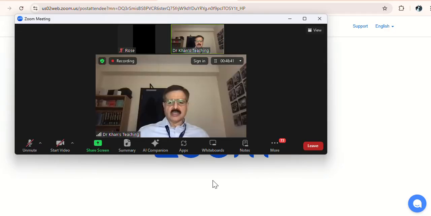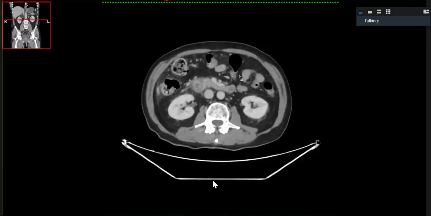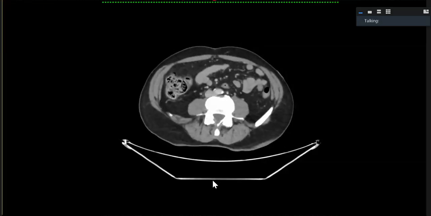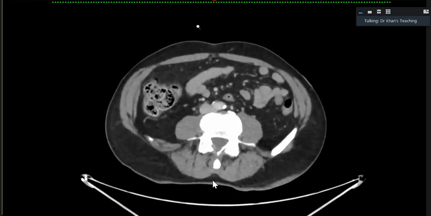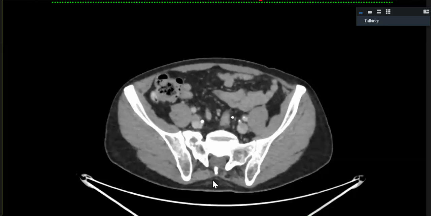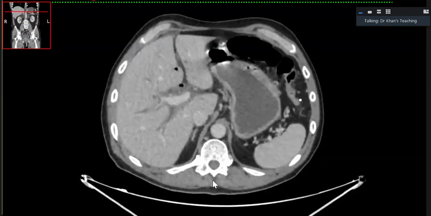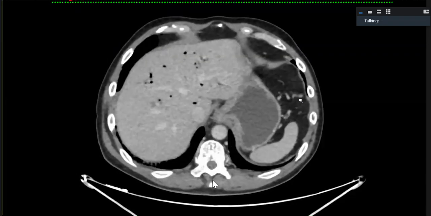Your last case, let me make it slightly bigger. Now, this patient is a 74-year-old male.